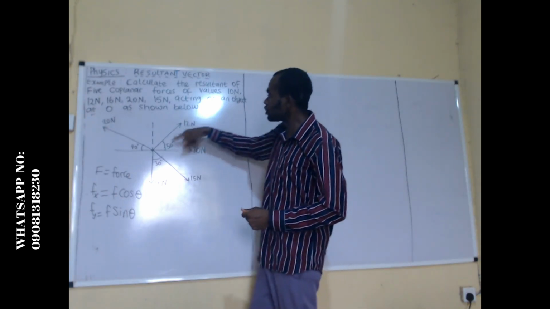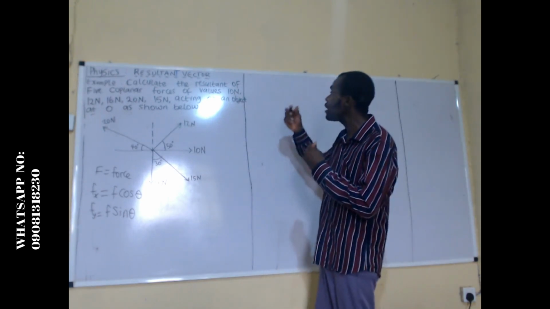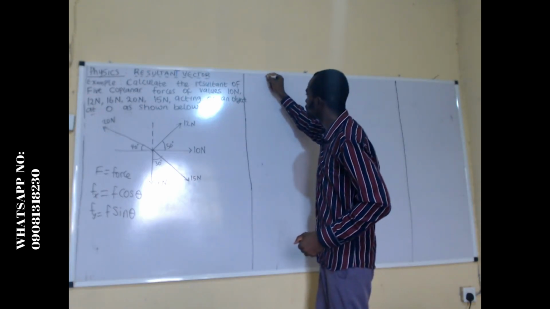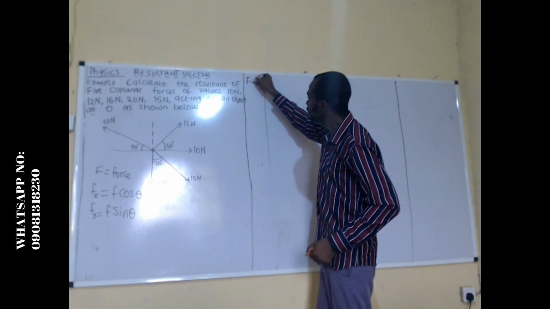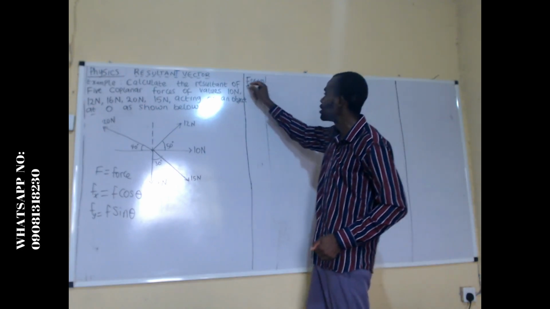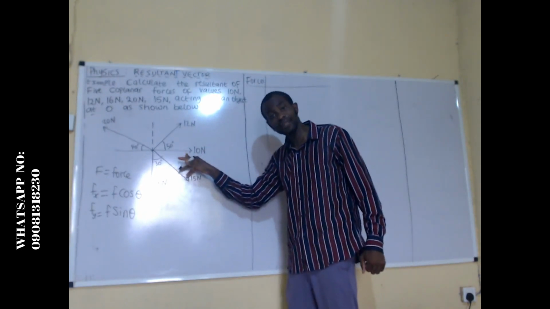Now to resolve each of these vectors into its x component and y component, I'll quickly put it in tabular form. The tabular form starts with the forces we have in the question. In this question we have 5. The first force is 10 Newton.